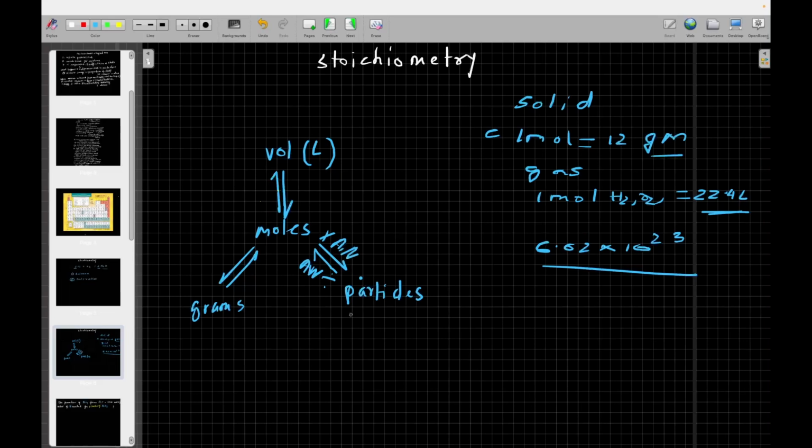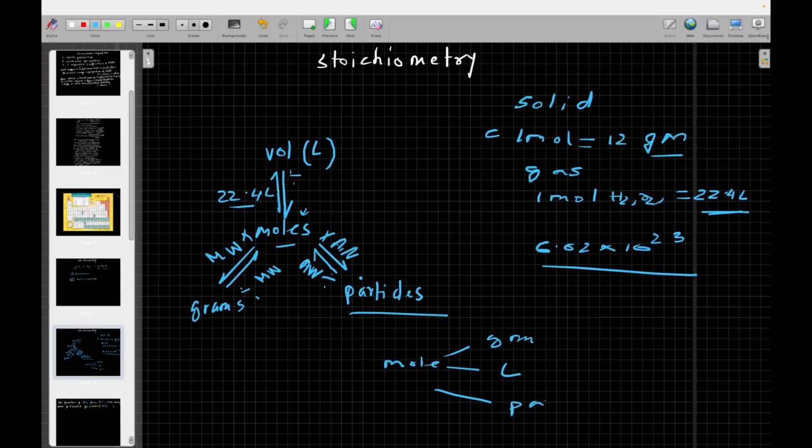By multiplying the mole information with the molecular weight, we get the grams, and from grams we can divide by the molecular weight to get the mole information of that substance. Similarly with the volume, from the mole information we can get grams, liters, the number of particles, or vice versa.